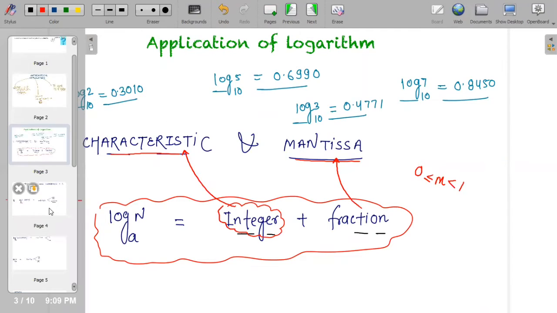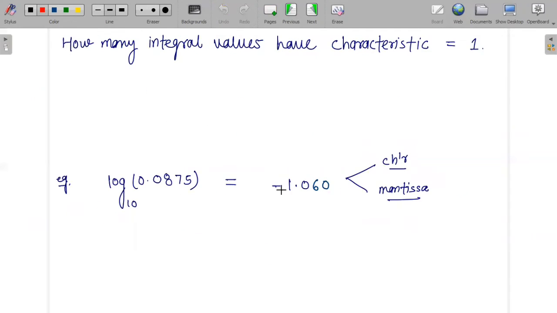For example, say I ask you to find the characteristic and mantissa for this negative number, log 0.0875, which will give you a value negative 1.060. Then you will try to break this number in this format, negative 1 plus negative 0.060. But please be aware, negative 1 is not your characteristic.